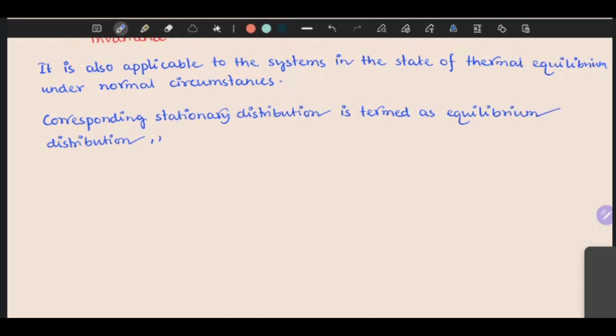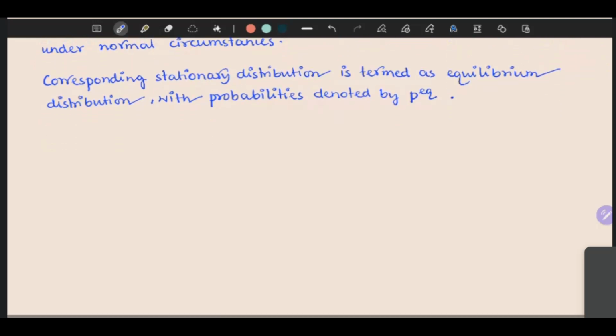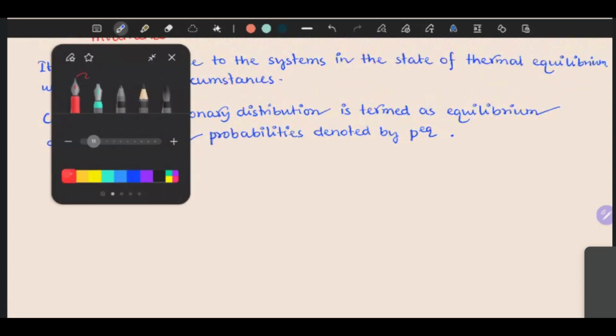with probabilities denoted by P equilibrium, and this will result in a compact result.